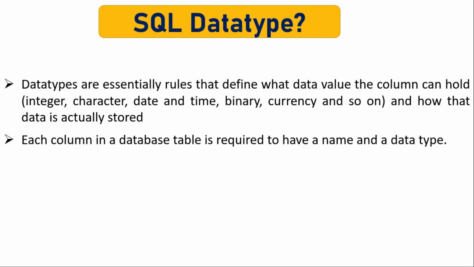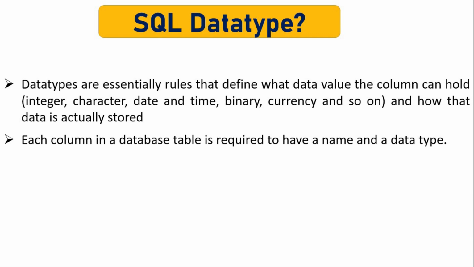So guys, SQL data type is the same concept of data type we see in different programming languages. So basically data types are the rules which tell SQL which data value a column can store and how that data value will actually be stored. And here the data value may be integer, character, date, time and so on.